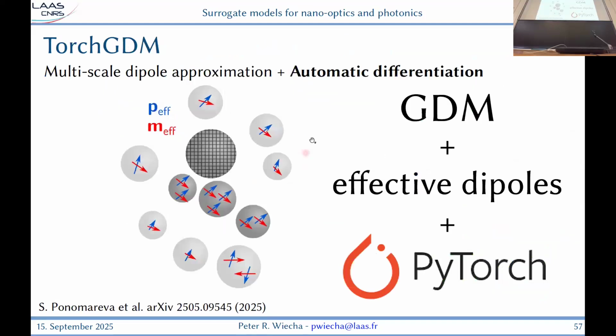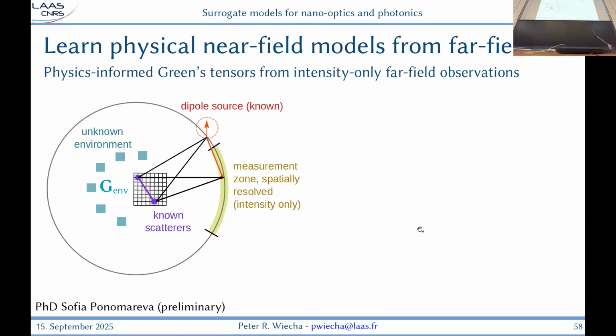So basically, this TorchGDM package is a mix of the Green's dyadic method, so basically discretization of a single nanostructure, with effective models based on dipoles, and all of it implemented in PyTorch for automatic differentiation.